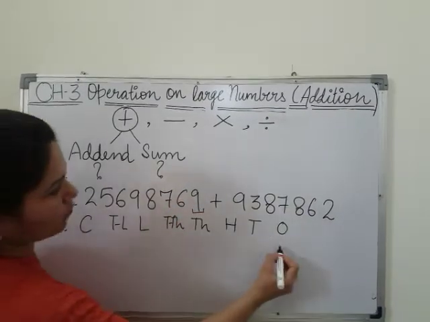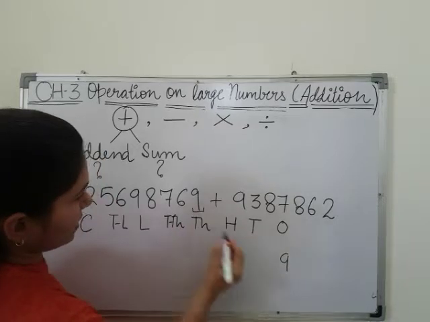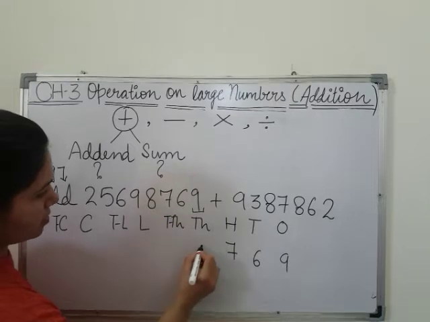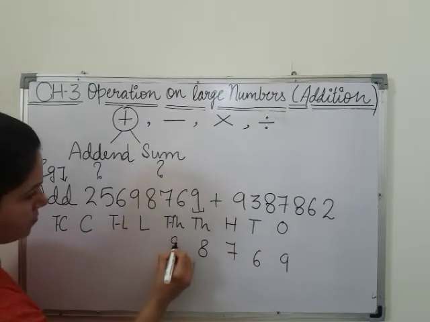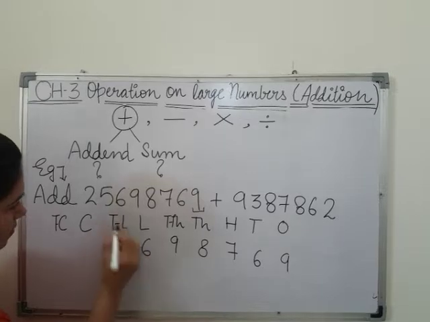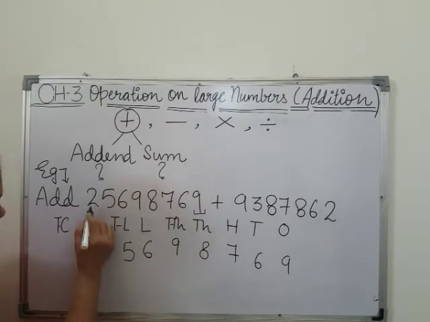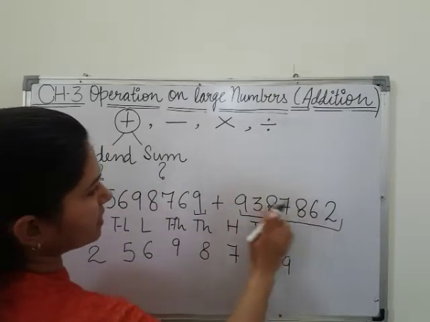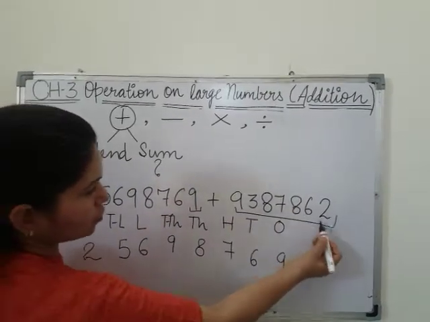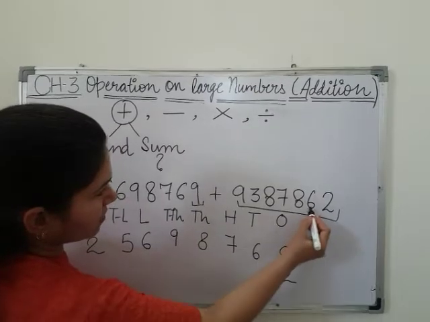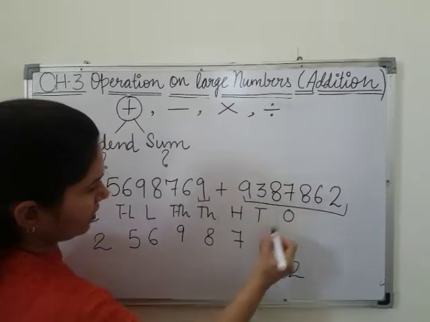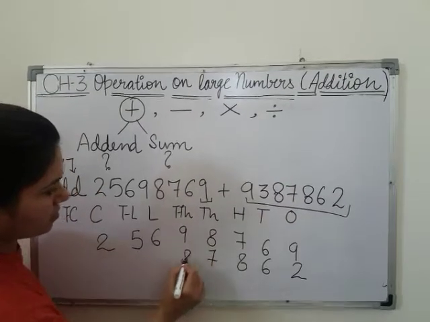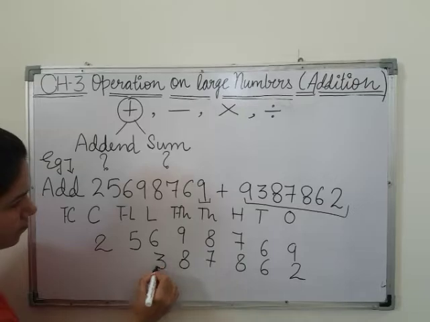So this 9 is on the ones place, then 6, 7, 8, 9, 6, 5 and 2. From the next number, again we place the digits on their places. So 2 is on the ones place, then 6, 8, 7, 8, 3, 9.